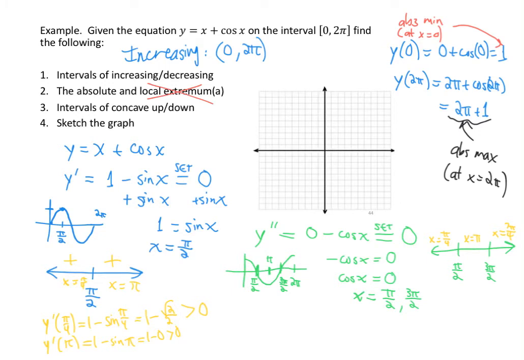Pause the video, figure out the test points, determine the signs of the second derivative in each of these 3 indicated regions. Remember that y double prime is actually the function negative cosine x. So you should have gotten negative, positive, negative.